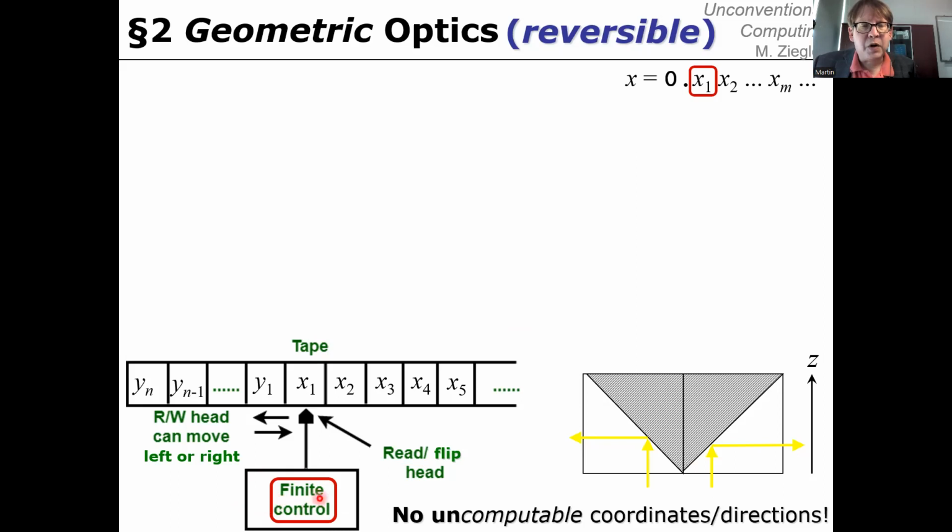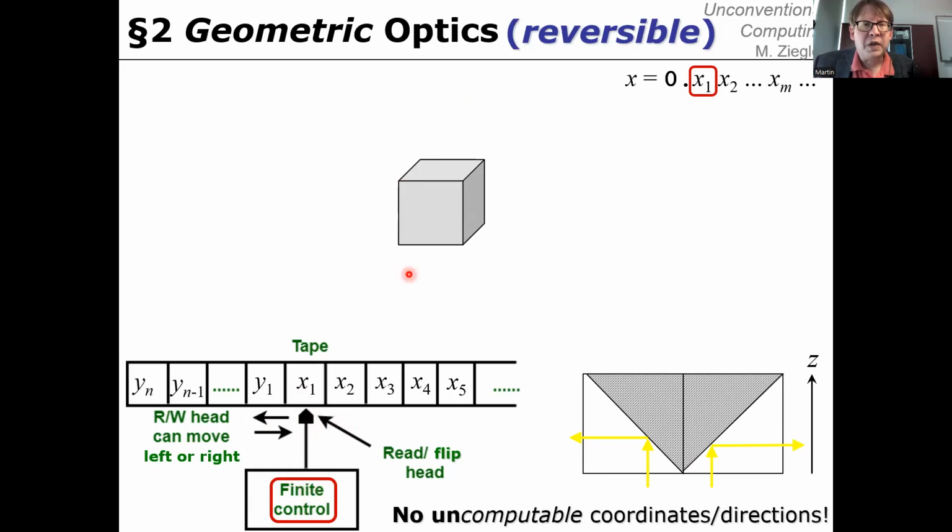But the essential part is that this is a finite control, finitely many rules of the form: if the current state is Q, one of finitely many states, and the bit you're reading is this, then change that bit and move the tape head one cell to the right or one cell to the left. And this is what we're now going to do for one rule, and then for the next rule in the finite control. And there are finitely many rules.